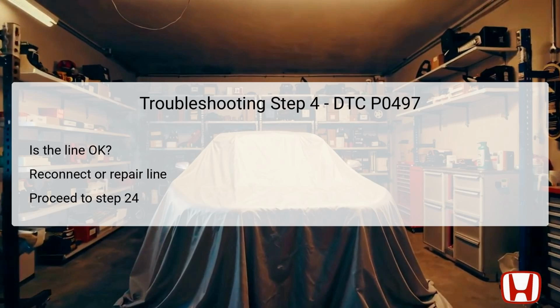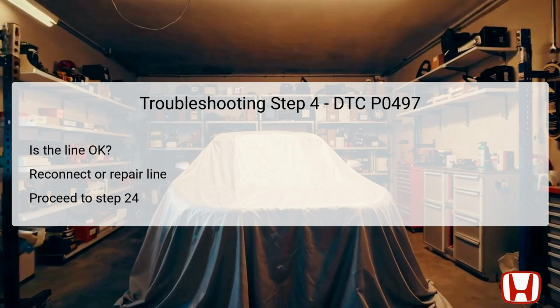After conducting the necessary checks on the EVAP canister purge line, it's time to assess whether the line is functioning correctly. If the connections and physical condition of the line are satisfactory, you can proceed to the next troubleshooting steps. However, if you discover any damage or blockage in the line, it is important to either repair or reconnect it to ensure proper flow.